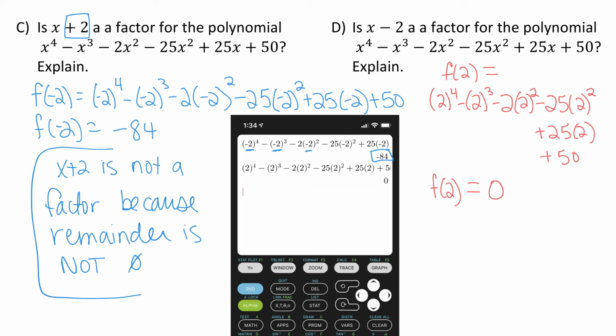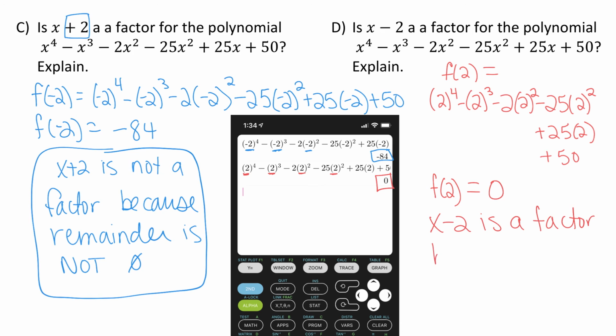Now, in this second one over here, you can see that I did the exact same thing, but instead of plugging in a -2, I'm plugging in a +2 everywhere I see an x. And this comes out to be 0. So that means that x minus 2 is a factor because the remainder is 0.